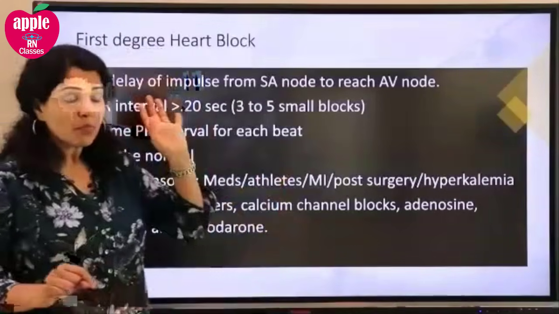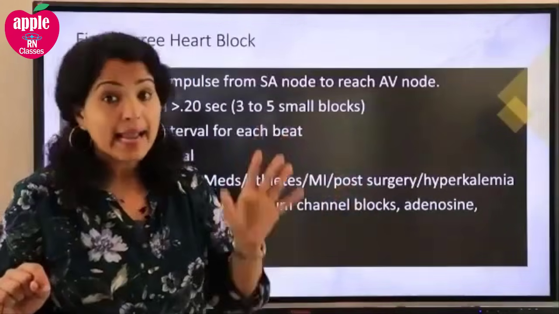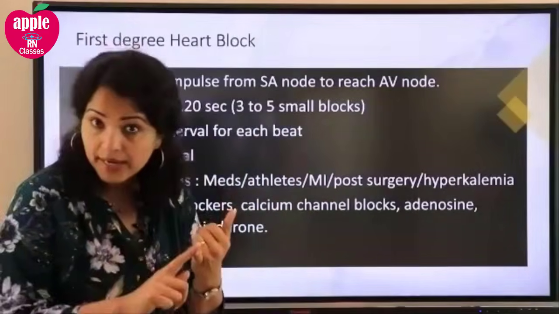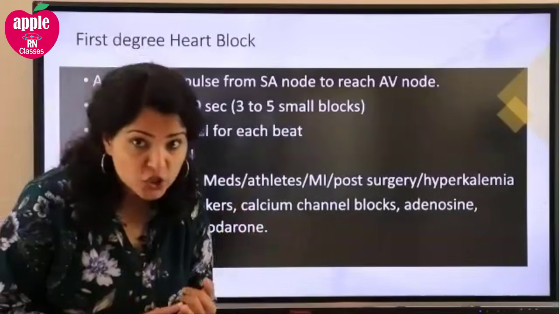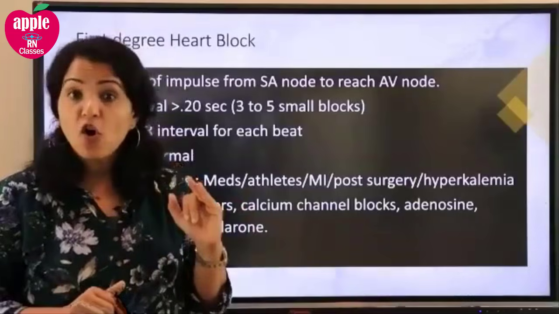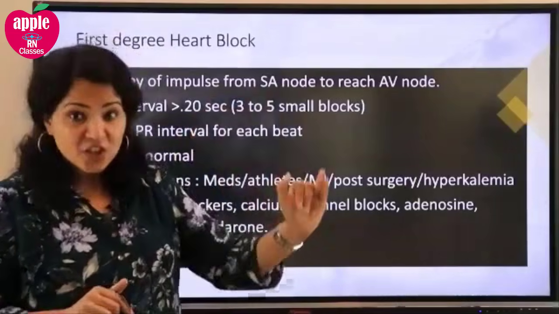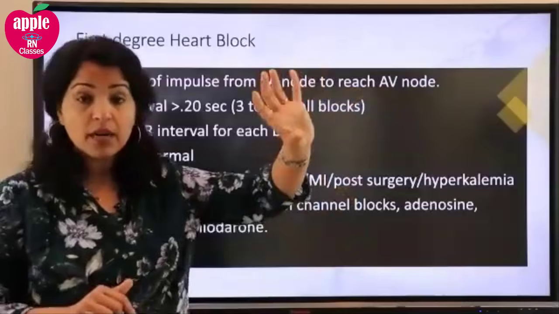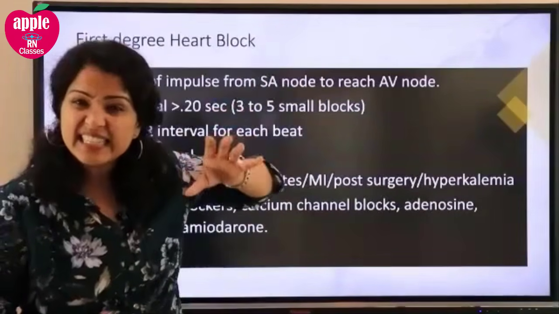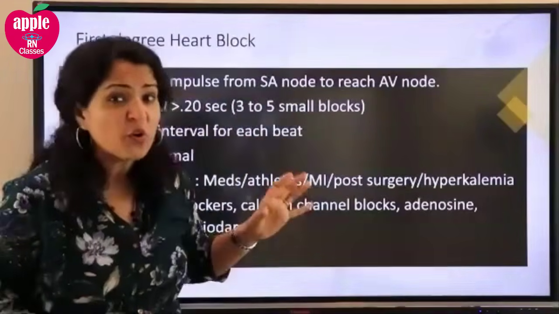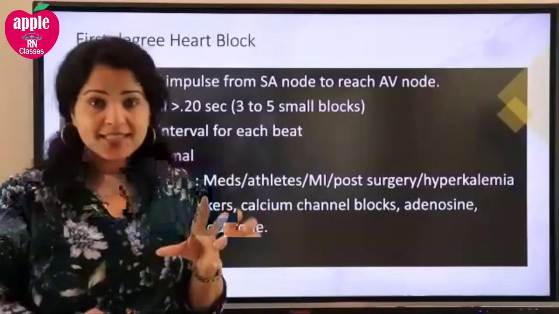And it can also be a problem if the patient had an MI or is going through a surgery. So it can be a complication of MI and surgery and things like that. Because remember, the impulse is getting delayed, and we really don't know what is the cause of that delay.